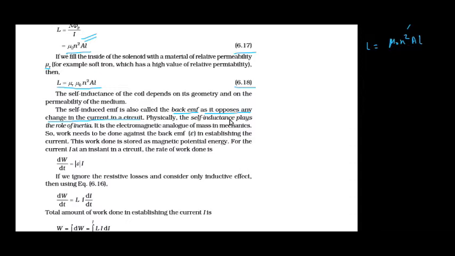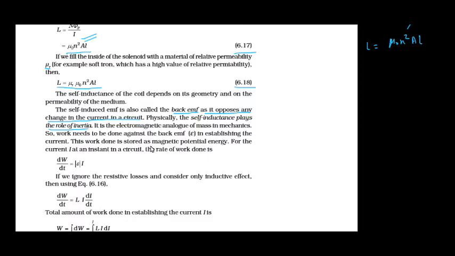Physically, the self-inductance plays the role of inertia. It is the electromagnetic analogue of mass in mechanics. So work needs to be done against the back EMF E in establishing the current.